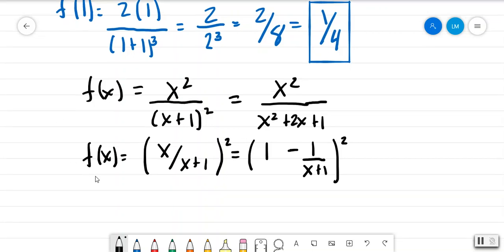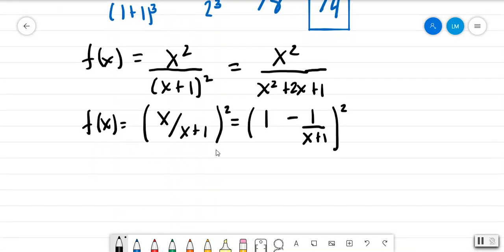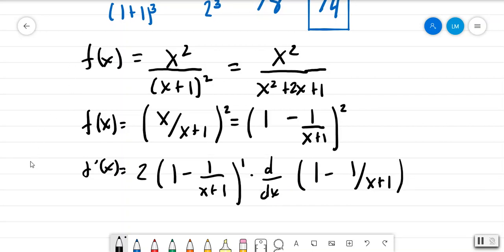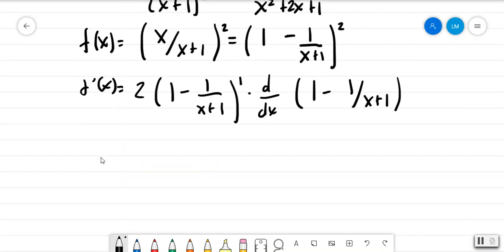Okay, so we still take the derivative of this guy, so that would be 2. So yeah, f prime of x would equal 2 times 1 minus 1 over x plus 1, to the first power, but then multiplied by the derivative of 1 minus 1 over x plus 1, which is simply using the reciprocal rule.